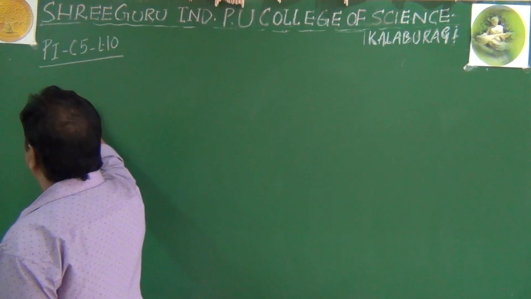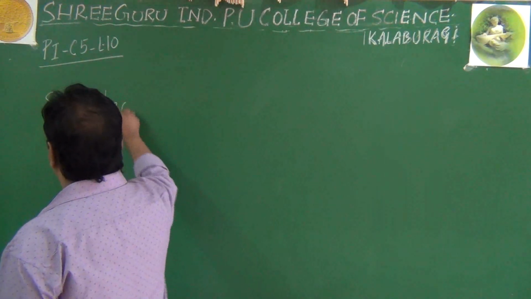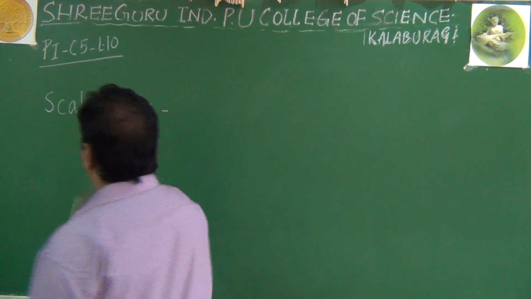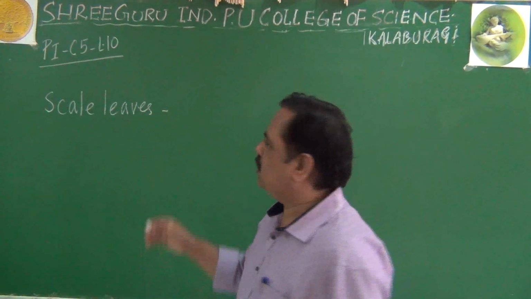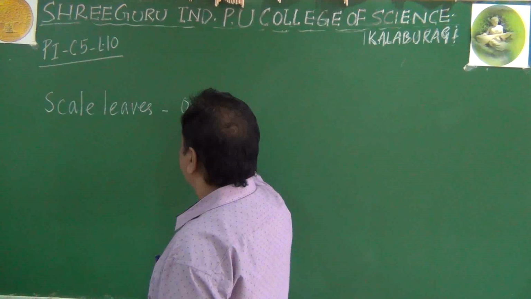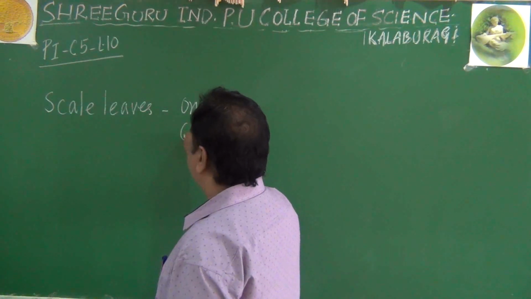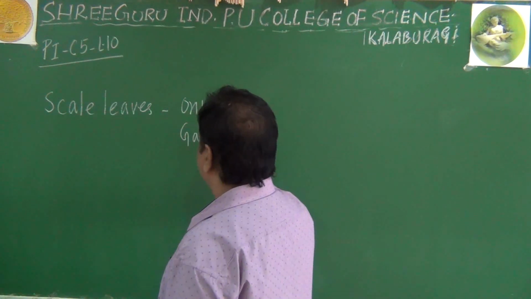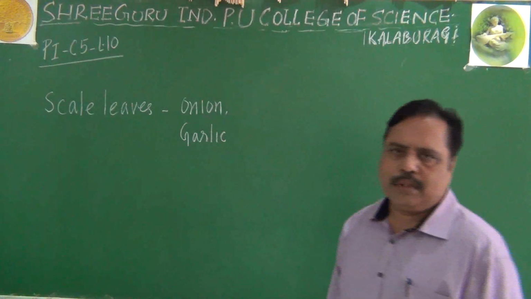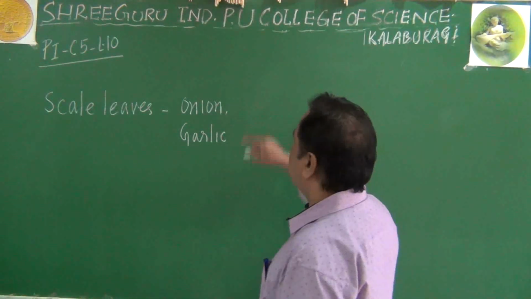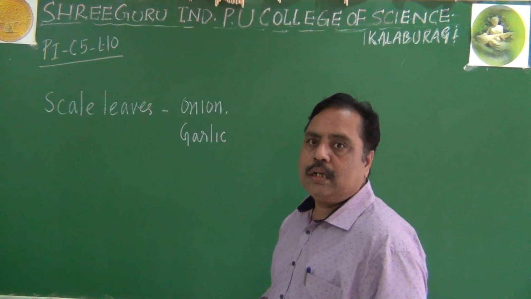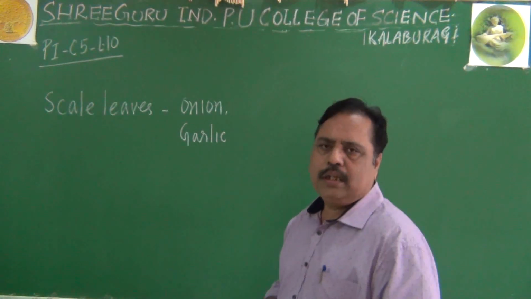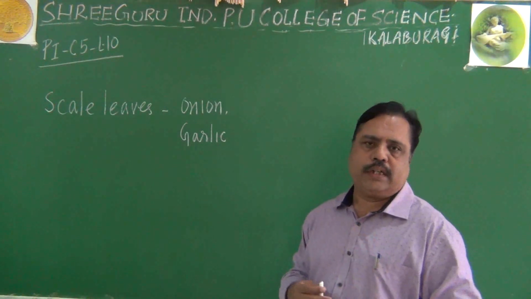Scale leaves are also present in the angiosperms. This type of scale leaves can be found in the case of onion and garlic. In onion, stem modification is found, an underground stem modification which is called a bulb.